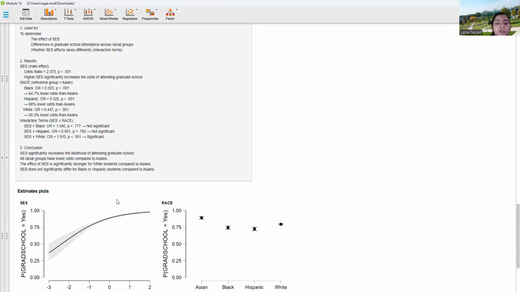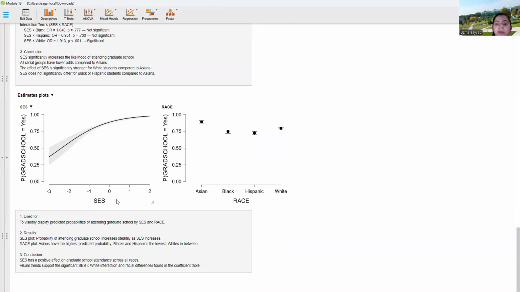In conclusion, both analyses demonstrate that academic preparation, socioeconomic status, and race play important roles in graduate school attendance. Part 1 shows that writing ability and socioeconomic background are strong predictors of graduate school attendance.